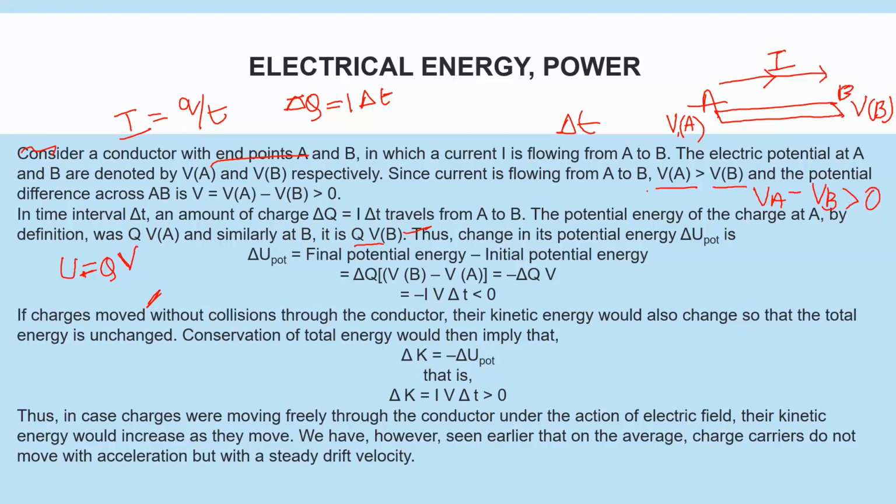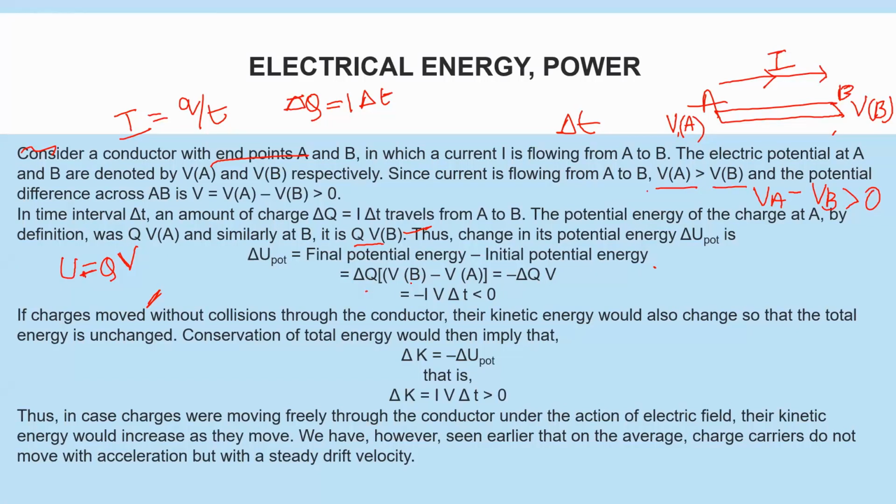And the change in its potential: there is going to be a change in the potential energy because of the transfer of charges from A to B, that you can give as the final potential energy minus the initial potential energy. The final point is B, since it's traveling from A to B, so we put VB minus VA, and we take the del Q out.